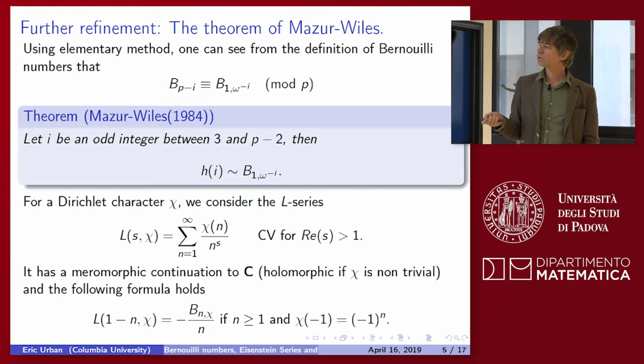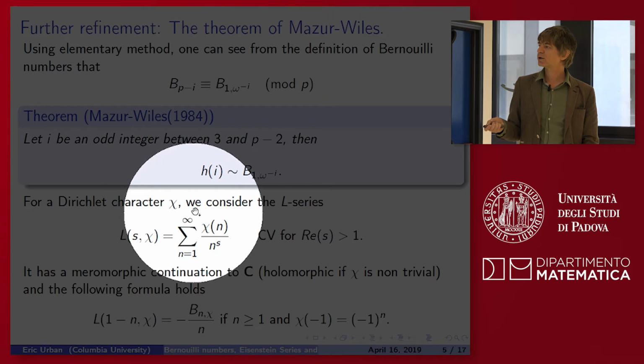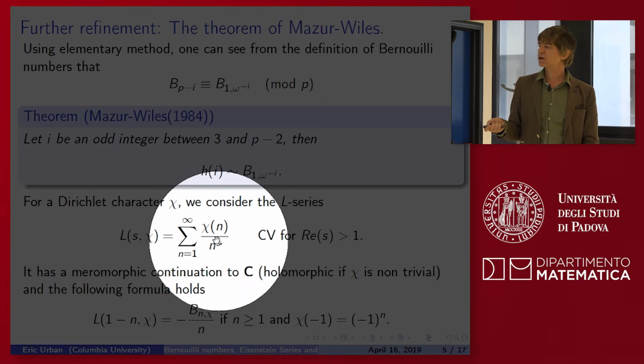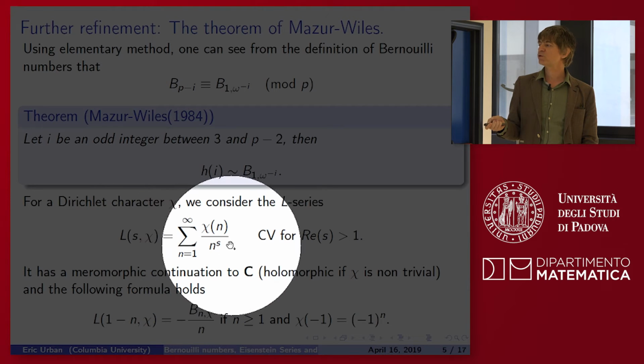Before explaining a little bit of the proof of the Mazur-Wiles theorem, let me give a link between Bernoulli numbers and L-functions. If you take a Dirichlet character chi, then you can consider the L-series L(s, chi) as a sum from n equals 1 to infinity of chi(n) divided by n^s.